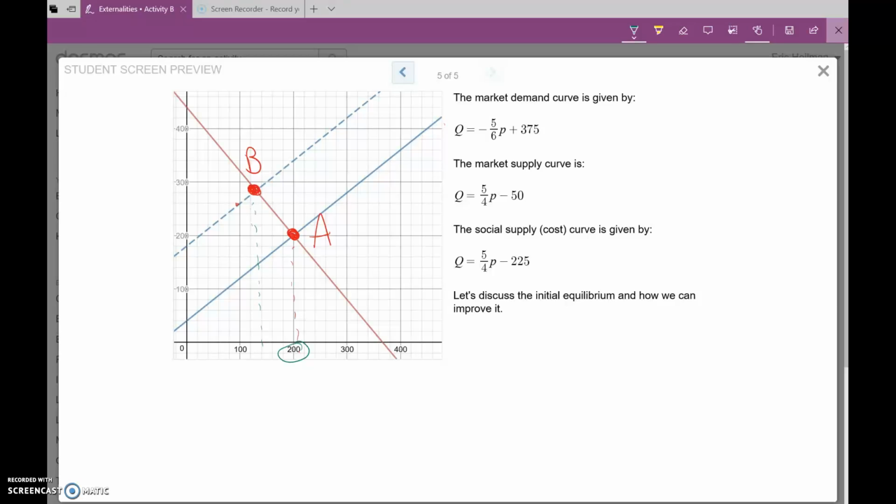And we could make the tax equal to the difference between the producer's cost curve and the social cost curve. So what that would do is shift the producer's cost curve up here. So if we actually tax them the amount that the pollution was costing society and impose that cost on the producer, that would shift up their cost curve and get us to point B.